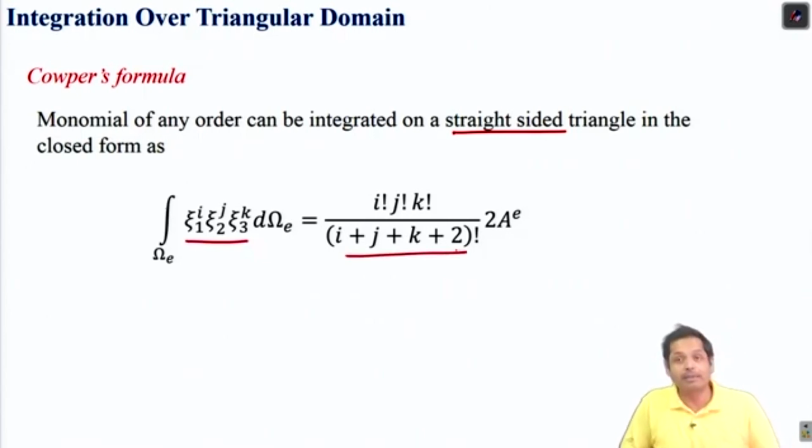This is the formula for integration when A is the area of the triangle, and Xi1, Xi2, Xi3 are the natural coordinates, also called triangular coordinates. So if we have to integrate a monomial like this over a straight-sided triangular domain, then we don't have to do integration numerically. Straight away applying this formula, we can get the integration.